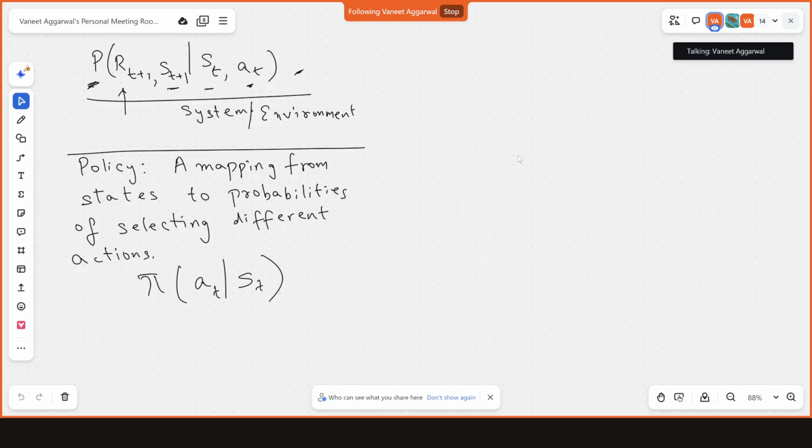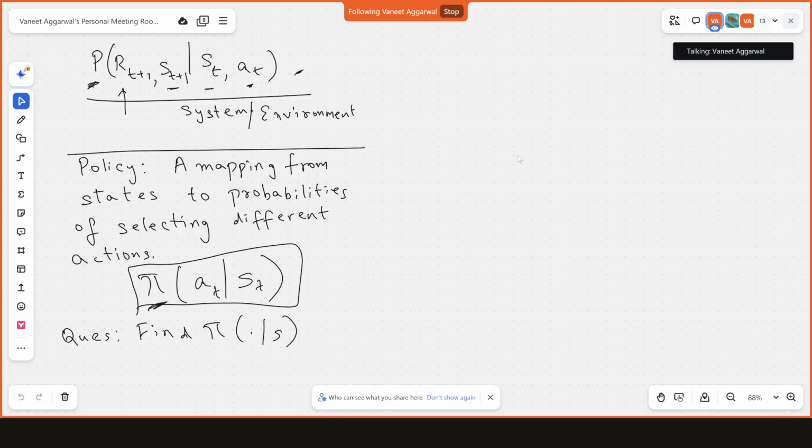So P is the system, pi is my agent, which is deciding the action. The question we ask in reinforcement learning or Markov decision processes is how do I determine this policy? So the question is determining policy. What is the action you take given that you are in state S, and it could be a randomized action.